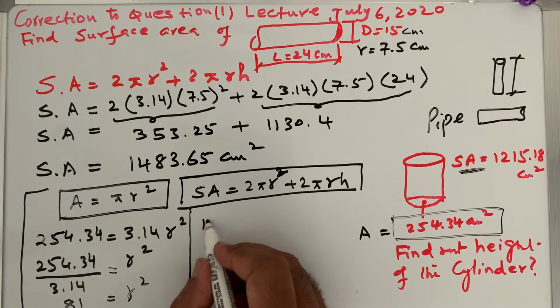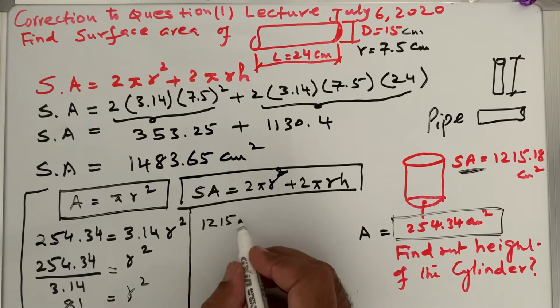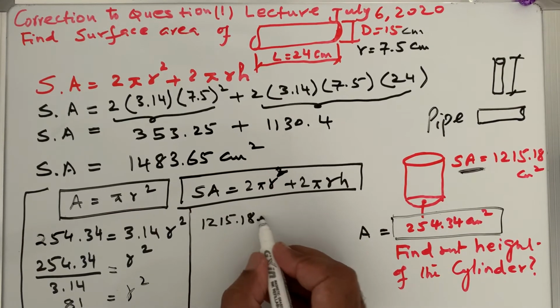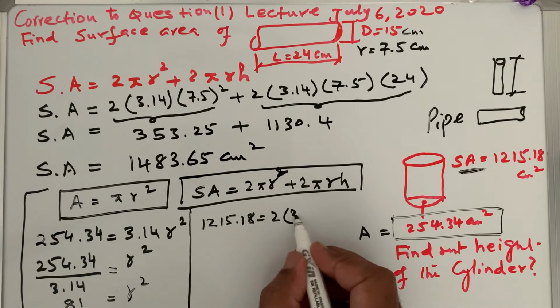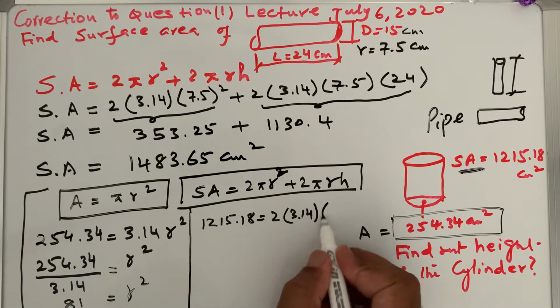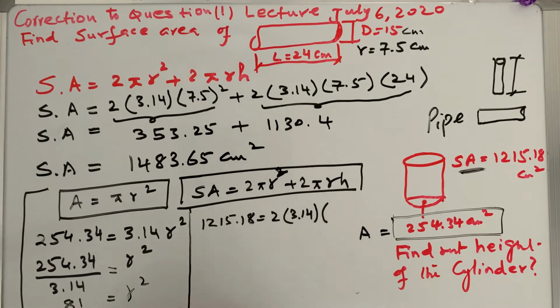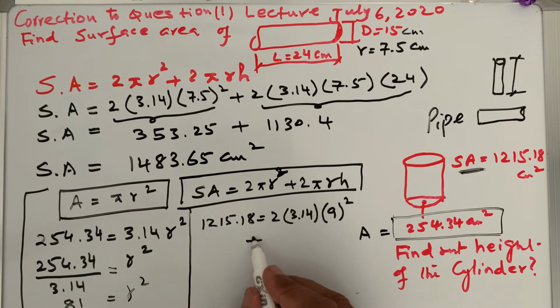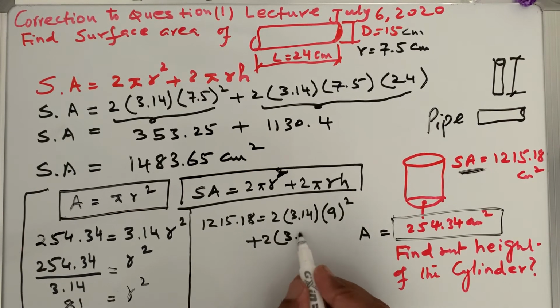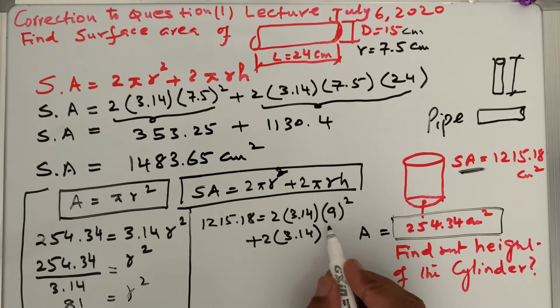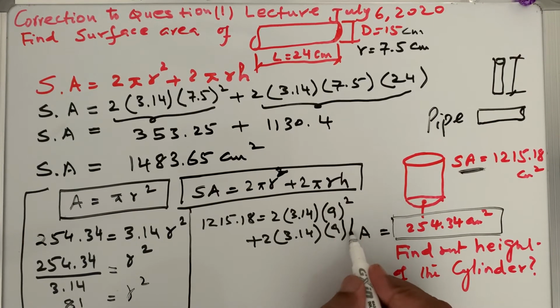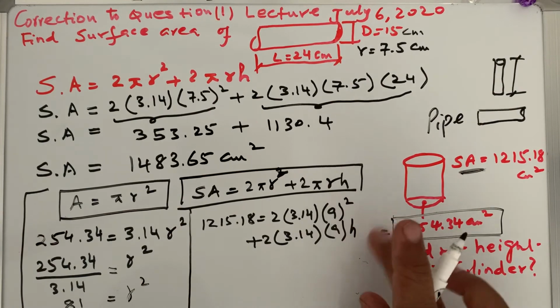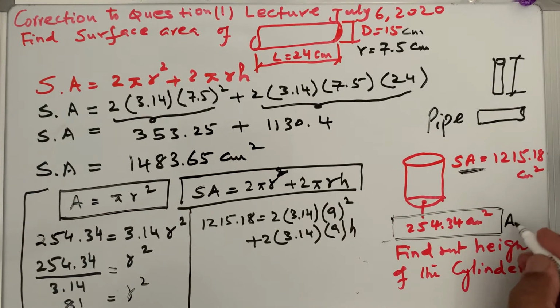So the surface area is, plugging in the values, 1215.18 equals 2 pi r square, and r is 9, so 9 square, plus 2 pi r h, where r is 9 and h is unknown. I will write here that this is area.